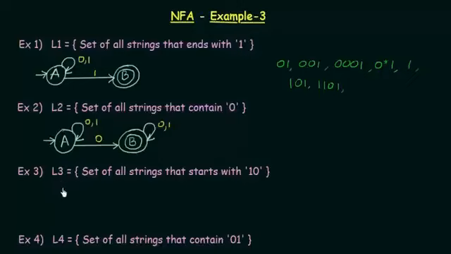Okay, and then the third one, L3, is the set of all strings that starts with 1, 0. It should start with 1, 0. So I start with my starting state or initial state A, and A on getting input 1, I will send it to the next state, which I will call state B, and B on getting input 0, I will send it to the next state, which is C, and which will be the final state.